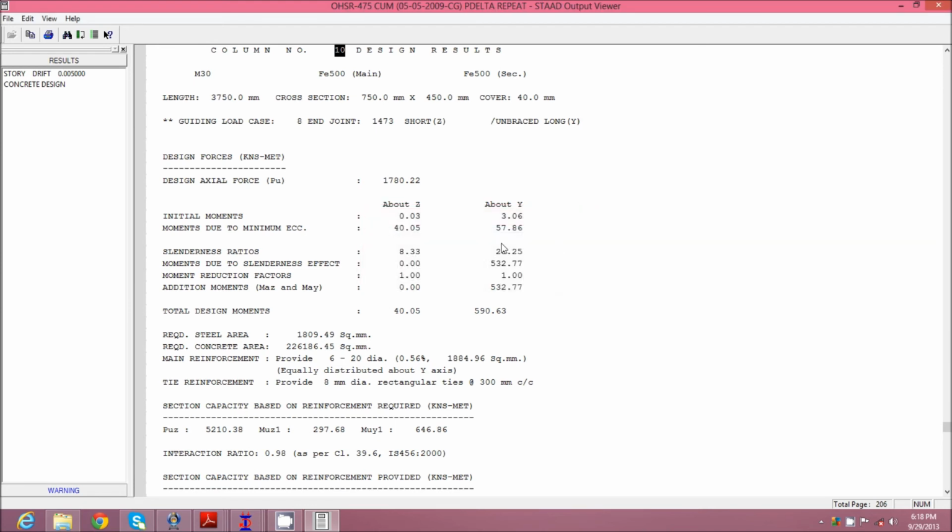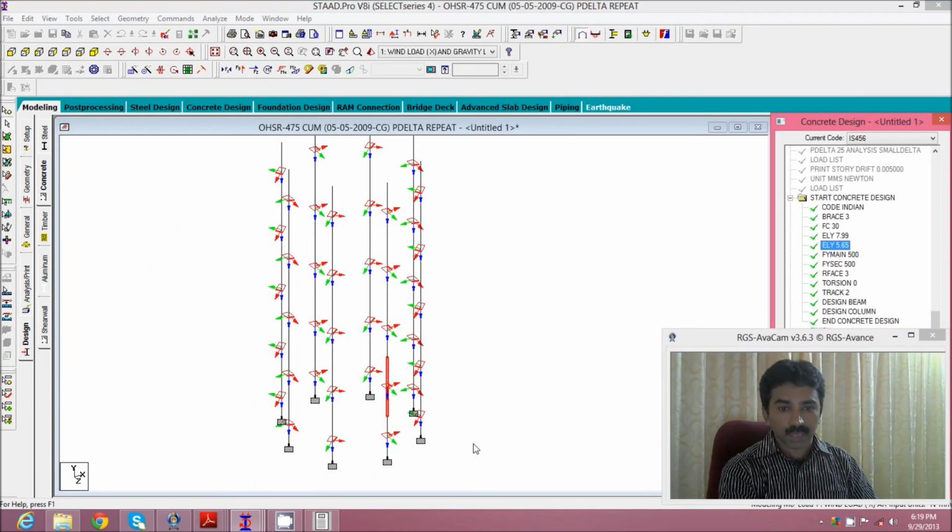Even though we have given a value other than 7.99, we are still able to maintain the slenderness ratio as 28.25, which is required, because the slenderness ratio of this particular column in one particular axis remains the same irrespective of the number of nodes created.